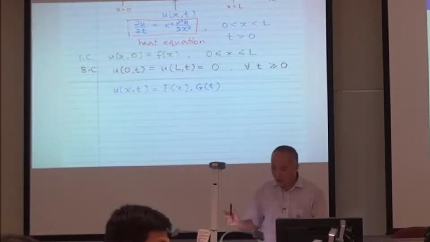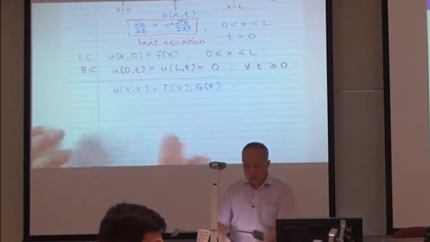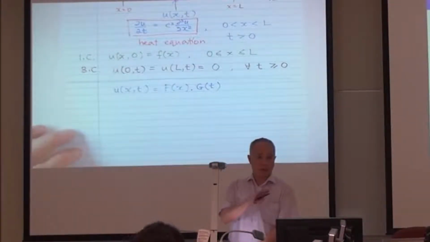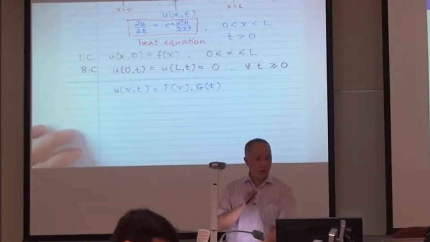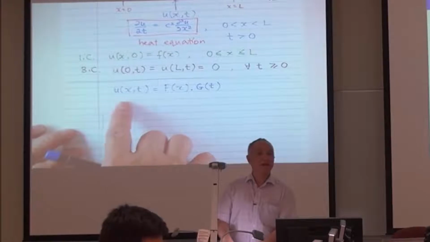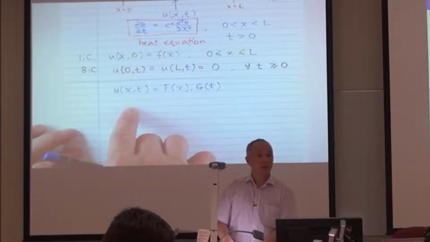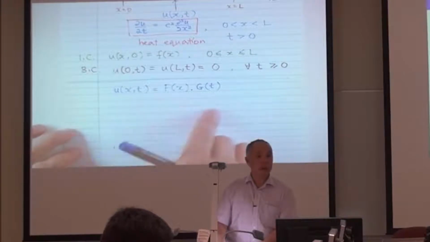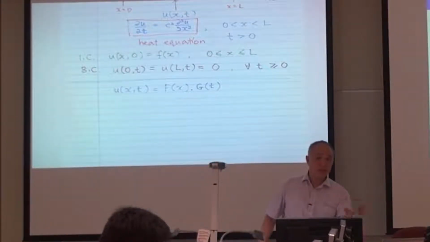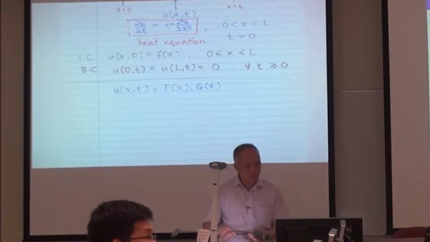Of course there may be other forms of functions that we can use, but if we want to use the method of separation of variables, this is what we have to assume. That means we assume that this particular solution can be written as a product of two functions, one of which is a function of x only, the other a function of t only.